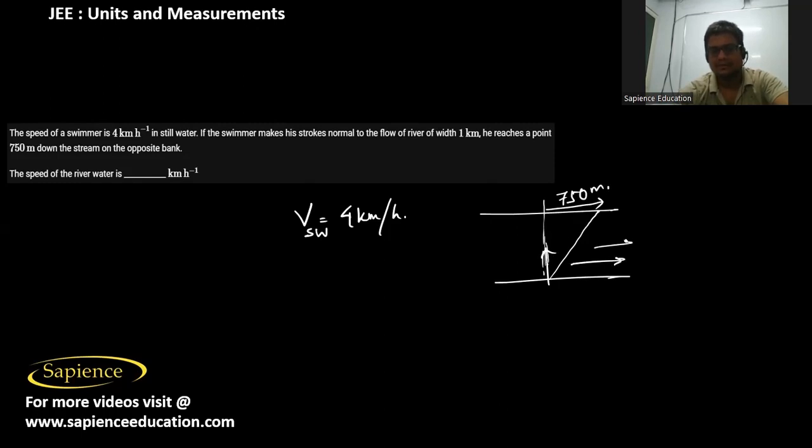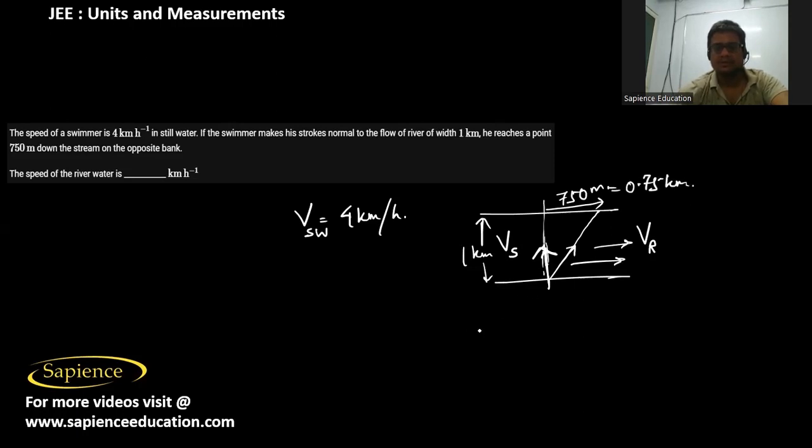So this way we'll see, suppose the speed of the river, and this way is the speed of the swimmer. So this way will be the resultant speed. So the width of the river is 1 kilometer. 750 meter means 0.75 kilometer.